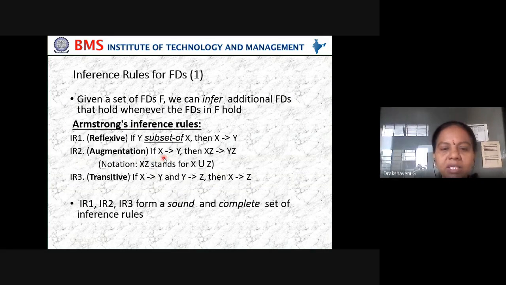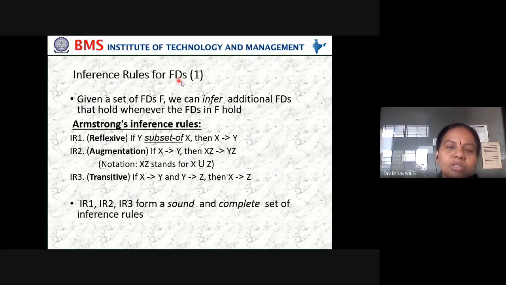If X is functionally dependent on Y, then XZ is functionally dependent on YZ. That is what is called augmentation. How do we represent the notation? XZ stands for X union Z.